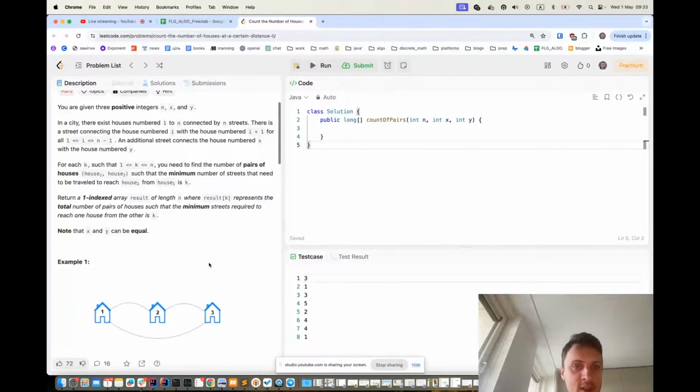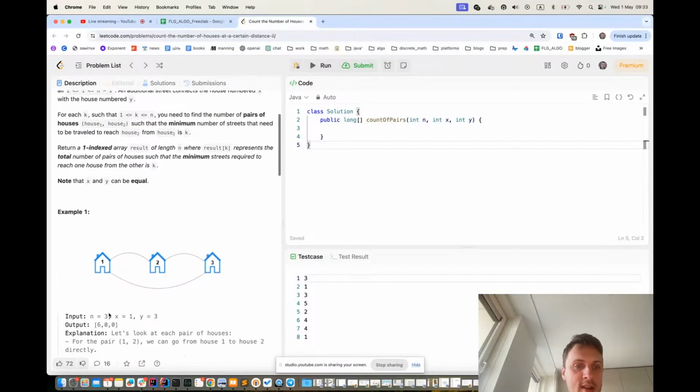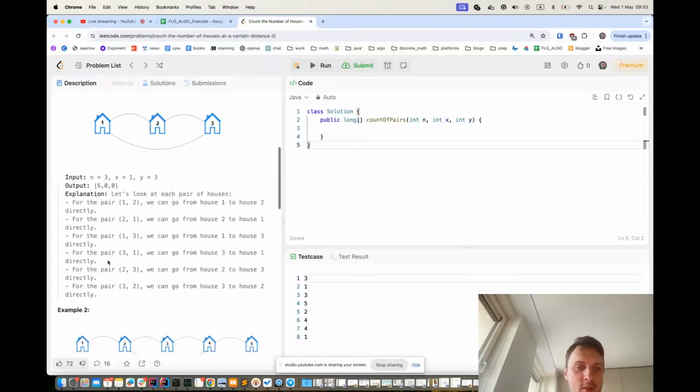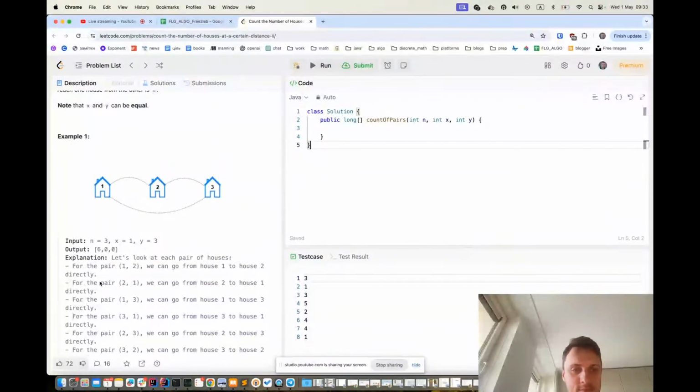a result array where each element represents the total number of pairs of houses such that the minimum streets required to reach one house from the other is k. So for example, for pair 1 and 2, we can go from house 1 to house 2 directly.